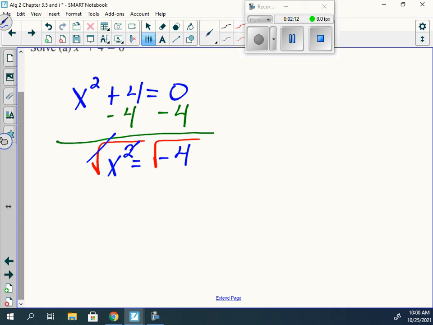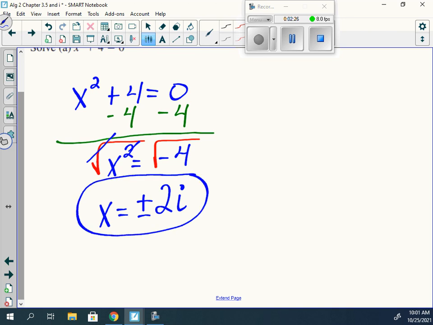The square root and square would cancel, leaving us with x is equal to i square root of 4. But what is the square root of 4? So we can say i square root of 4, which is just 2i. So x is equal to plus or minus 2i.